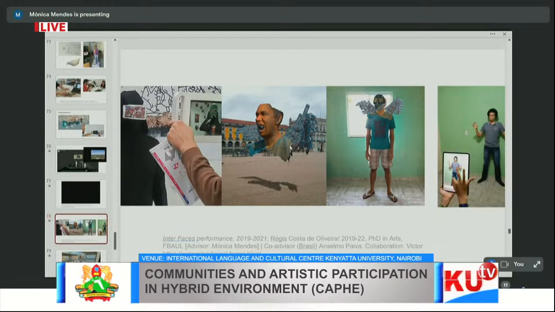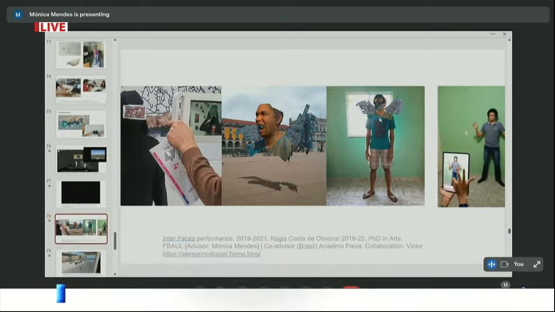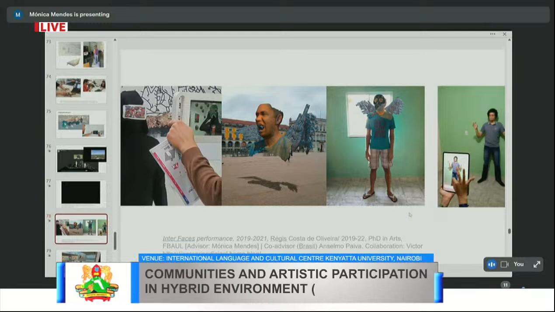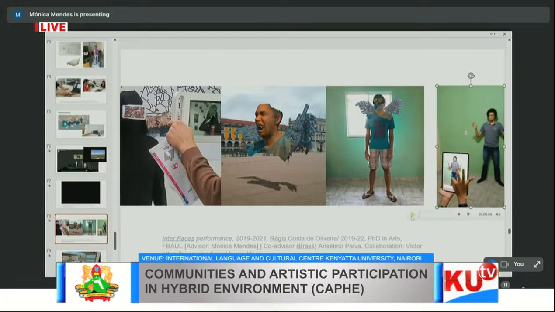And after this, a partnership with a master student of technologies: how can we, instead of having this connected to a visual marker or to the geographical space, have it attached to the body? So some experiments using this technology to attach the elements to the body.